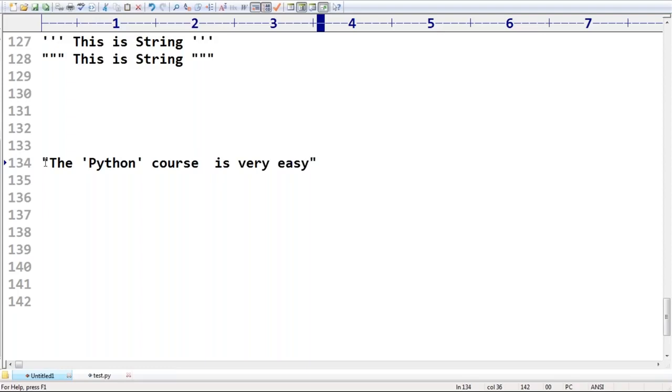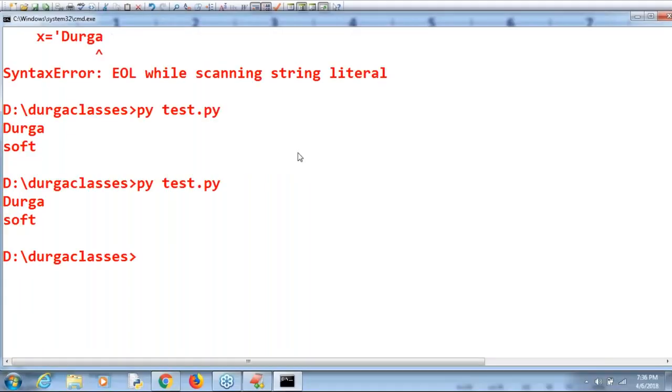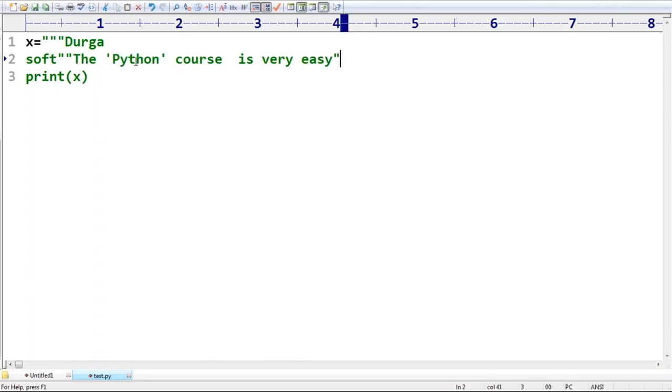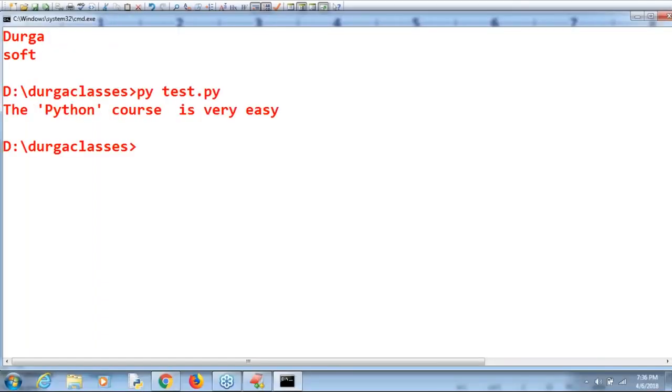Within double quotes itself is acceptable. So here I'm taking the Python course is very easy, print of x, valid. Are you seeing the quote symbol?